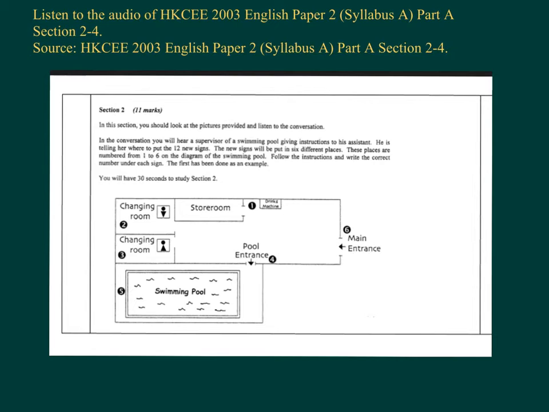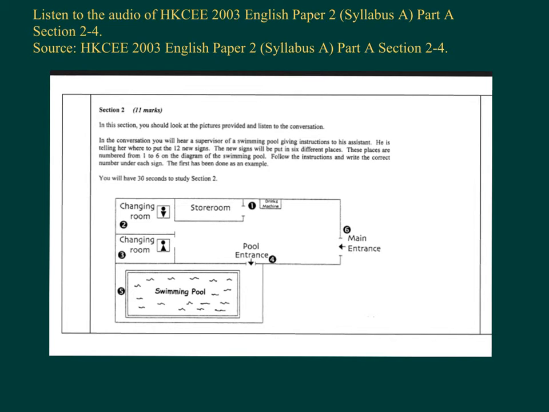He is telling her where to put the 12 new signs. The new signs will be put in 6 different places. These places are numbered from 1 to 6 on the diagram of the swimming pool. Follow the instructions and write the correct number under each sign. The first has been done as an example.